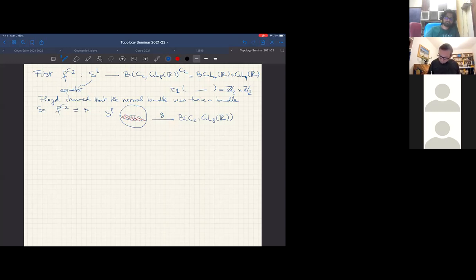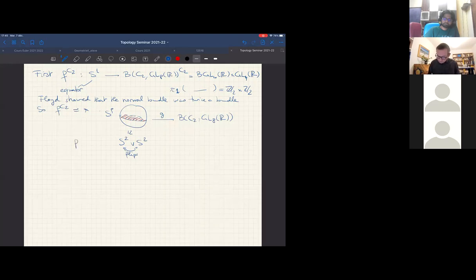So now this space is equivariantly homotopic to S2 wedge S2 if I contract the equatorial disk, and the action of C2 flips those two wedge summands.